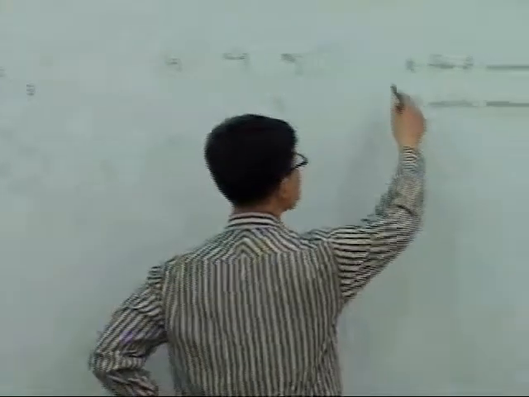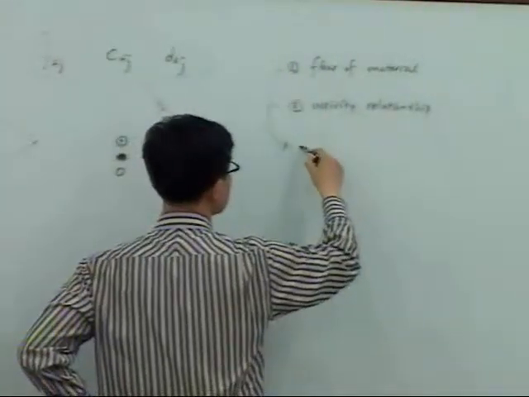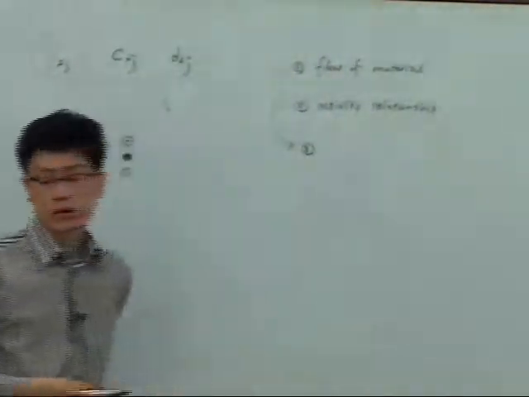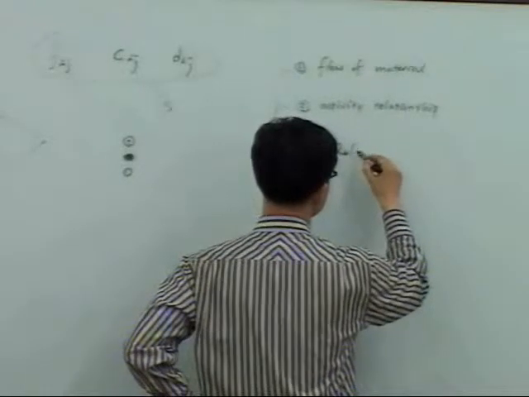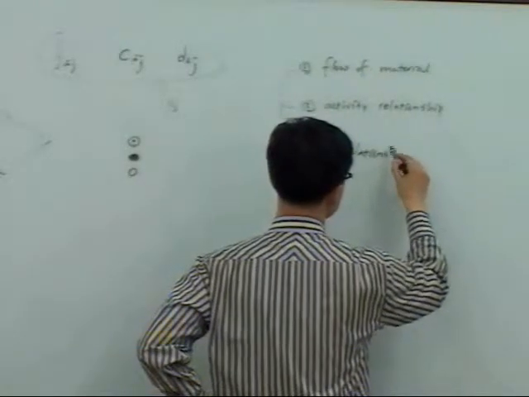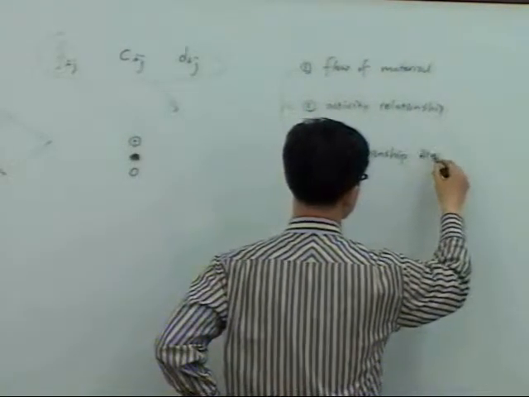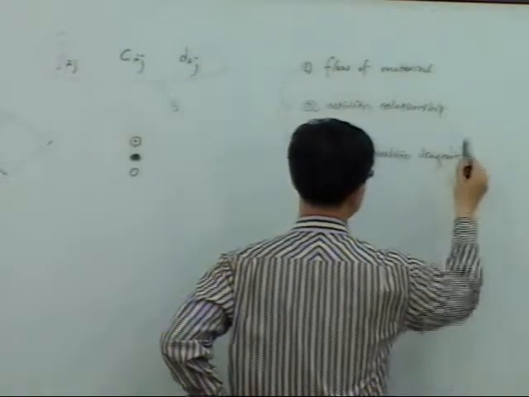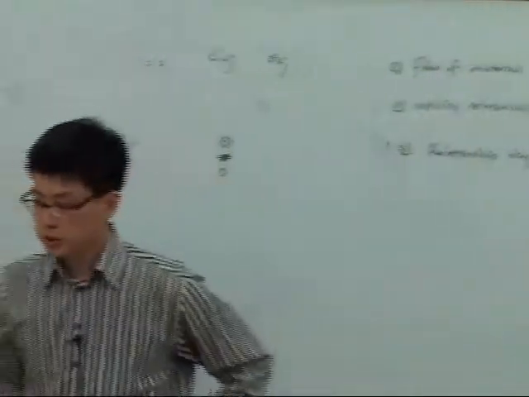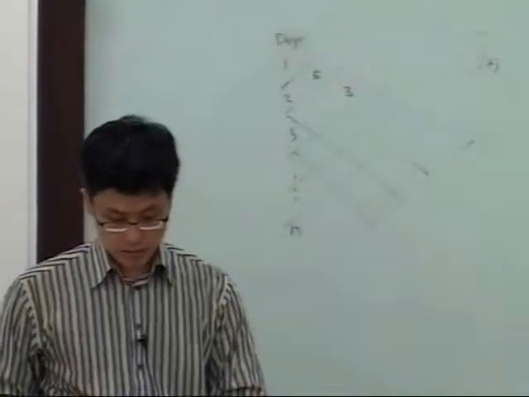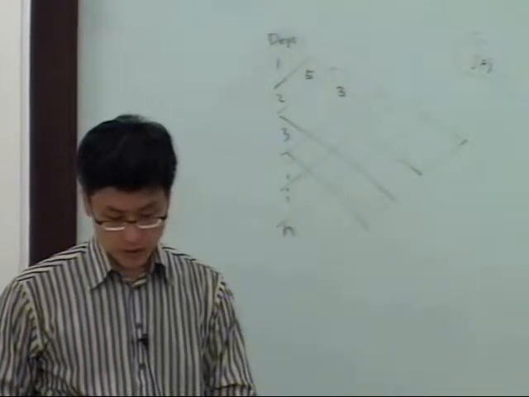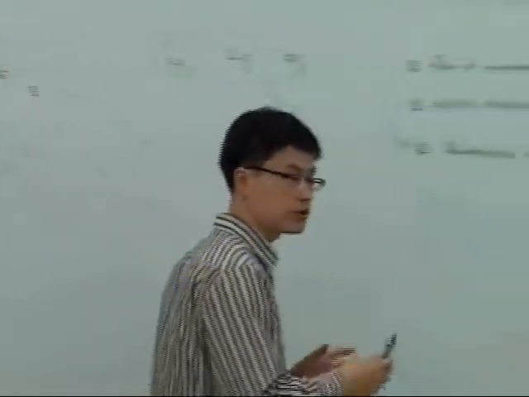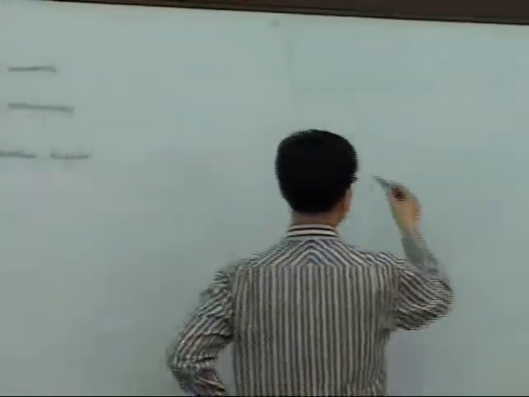Based on these two, we can draw the relationship diagram. A relationship diagram looks something like this.